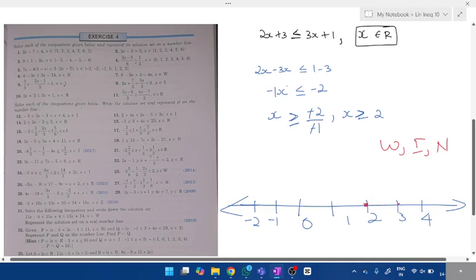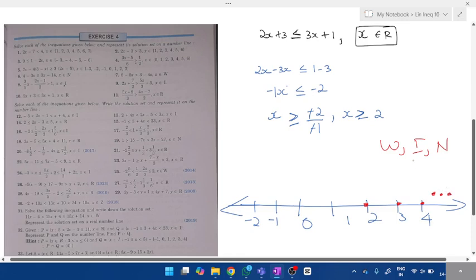We would have kept a dot on 2, 3, 4, right? Then is it continuous or what? It's a continuous value greater than or equal to. So if it is continuous, what we would have done, students? Remaining dots we would have kept on top of the number line.